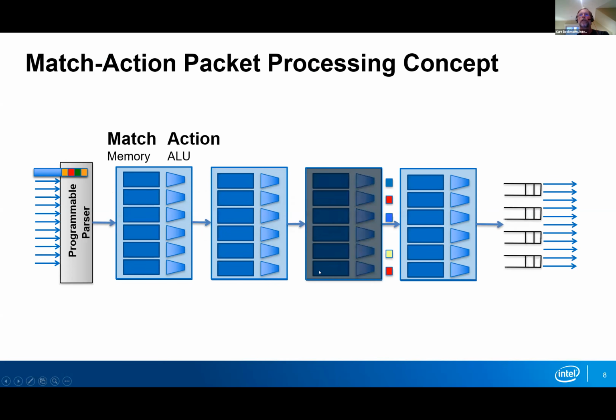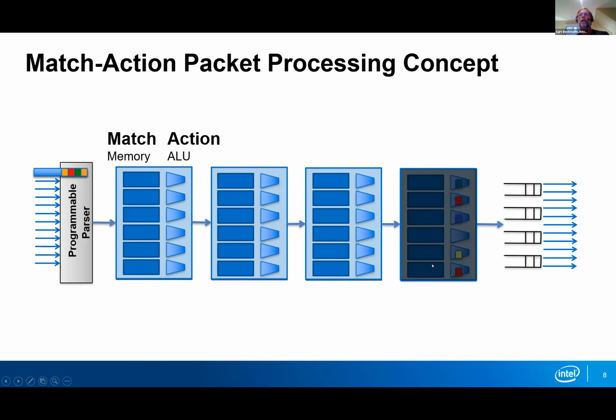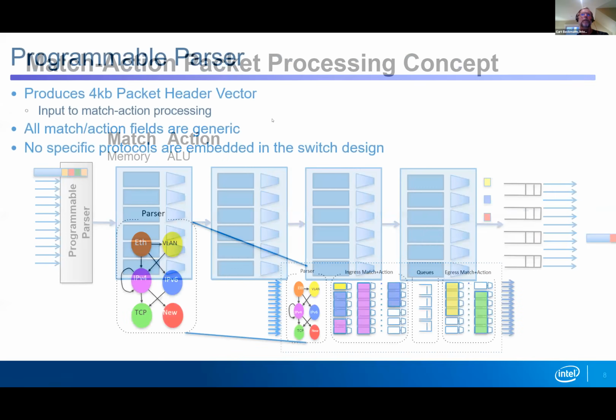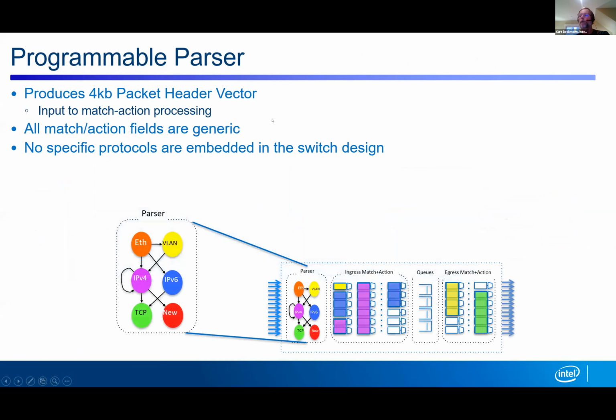There's only 4 stages shown here, but there's 12 in the first gen and 20 in the second gen. And this is in ingress or egress as well. And then they're put into a queue and sent, or put into a SerDes and sent if it's on the egress side.